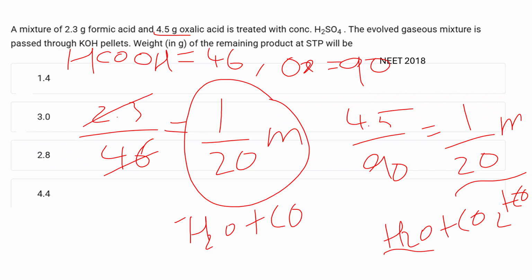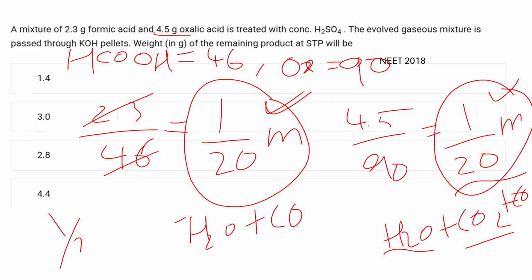We need to find the grams of carbon monoxide. Here there is 1 by 20 moles of carbon monoxide, and here also 1 by 20 moles of carbon monoxide is present, as well as carbon dioxide, which we don't need. So 1 by 20 plus 1 by 20.